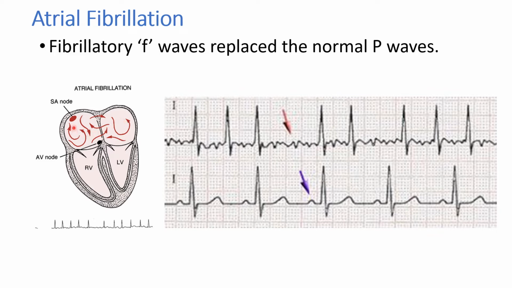Only a few impulses are conducted to the ventricles. As you can see in the ECG, those fibrillatory waves appear like small, shallow spikes, which are called fine waves. Fibrillatory waves are denoted by the letter f.